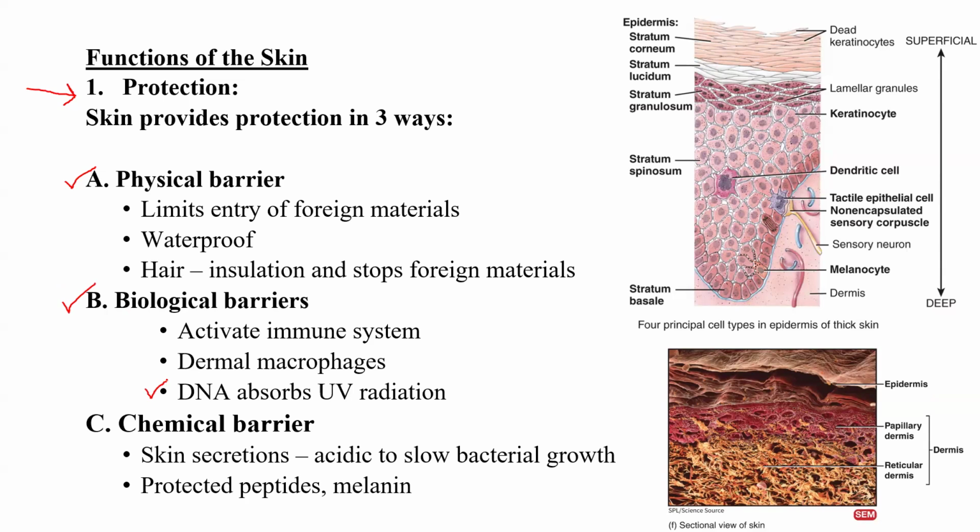So yes, a strong physical barrier, not letting things in or out, but things that can penetrate the skin, like bacteria or DNA, there's also a biological protection for things that make it past that first physical layer. Then there's a really cool chemical layer. These are our skin secretions. Now, as mentioned, you probably didn't believe me before, but your skin doesn't just secrete water in the form of sweat. It also secretes these acidic things for multiple reasons.